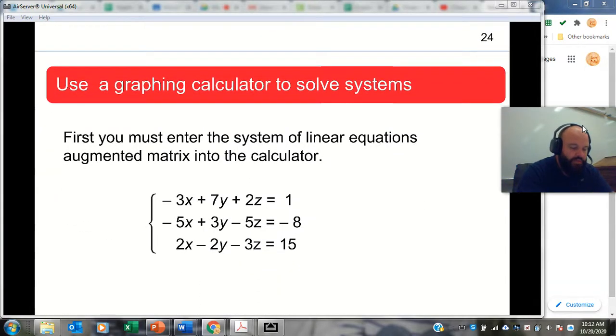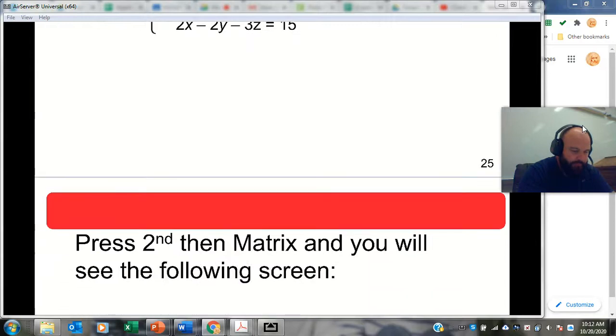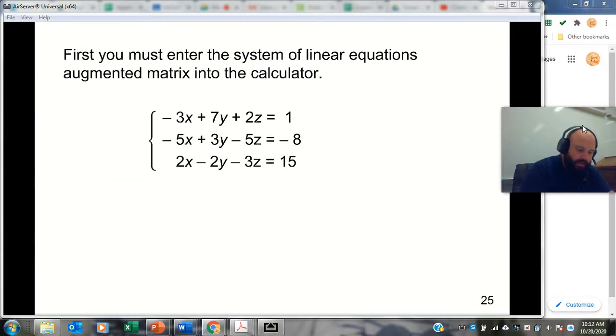It says first you must enter the system of linear equations augmented matrix into the calculator. So if I'm looking at this system that I have right here, I'm just going to write the matrix real quick so it's easy to understand. It's a -3, a 7, a 2, and then we would have this augmented part.